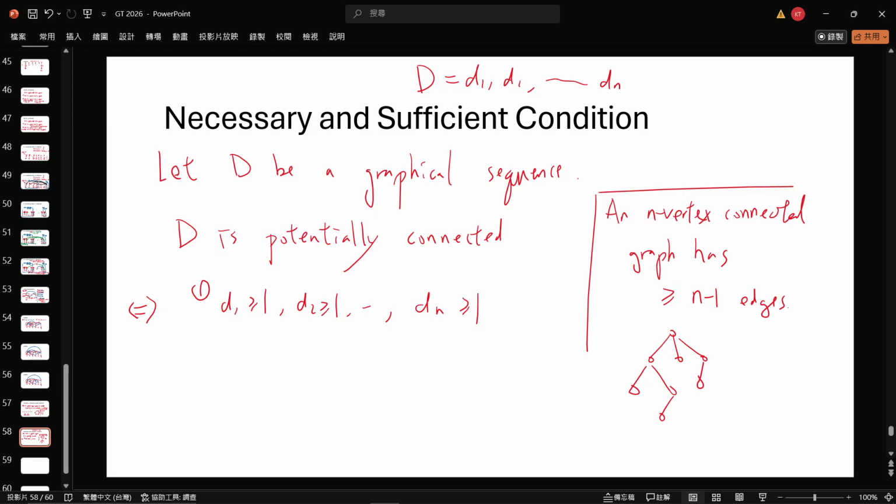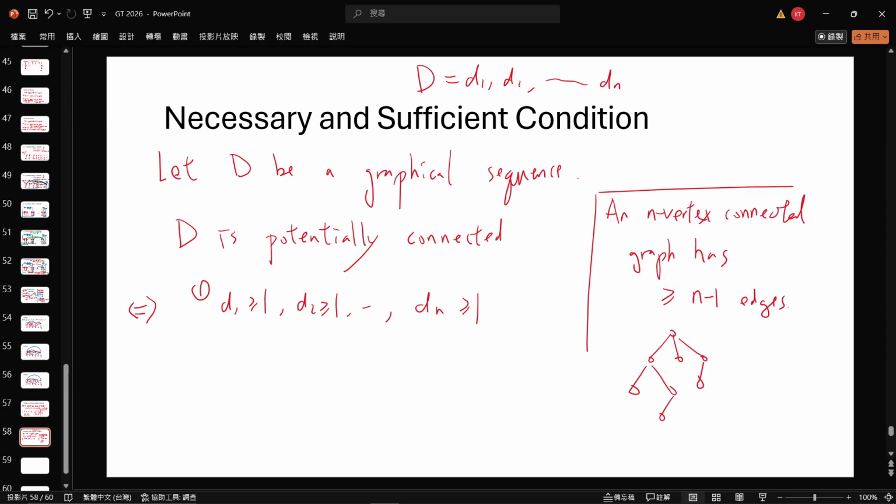I think it's quite easy to tell that if you have m vertices in your tree, then the number of edges is exactly m minus 1. Therefore, if the graph has m vertices and it is connected, then the graph must have at least m minus 1 edges because it contains the spanning tree, and also it may contain other edges. So this is at least.